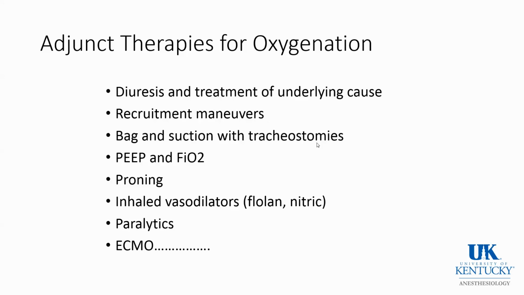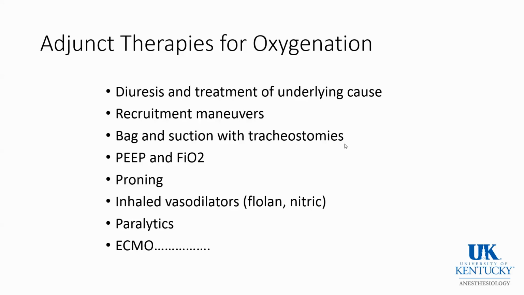Bag and suction when it comes to tracheostomy. So think about what happens to a patient when you trach them. Their flow is no longer going through their cords. What happens to the cords when you exhale? They adduct. And so you have what's called an intrinsic PEEP that goes away now that you've put in a tracheostomy. Tracheostomy helps when it comes to ventilation. It decreases dead space.